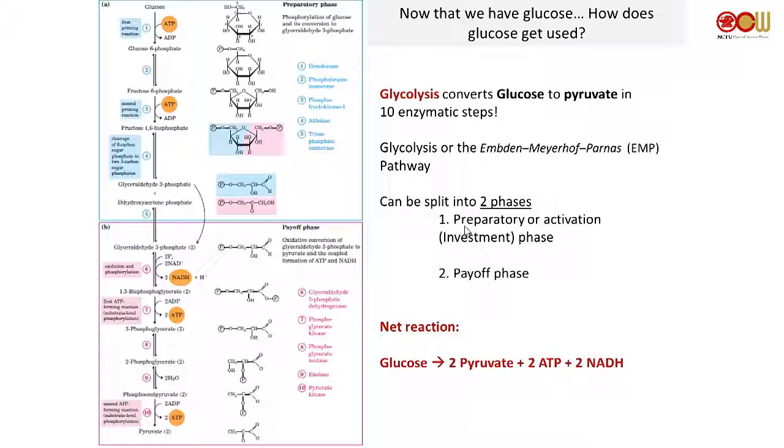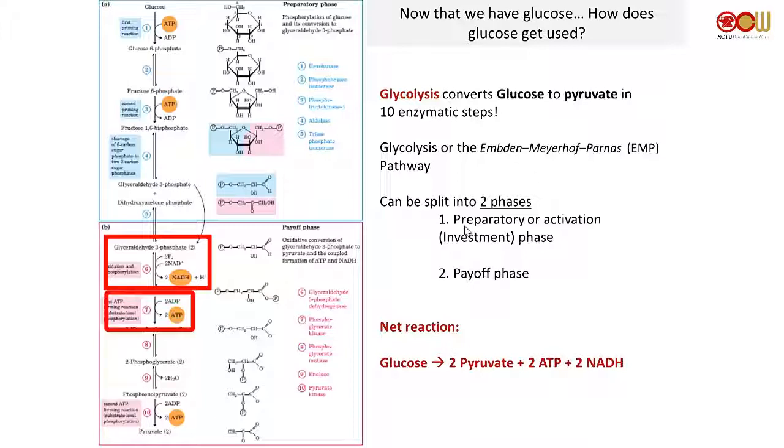So they're high energy. Now you have these two 3-carbon molecules, and they can do your payoff phase. For each 3-carbon molecule, you can generate 1 NADH and 2 ATP. Since you have two of these, you can generate a total of 2 NADH and 4 ATP.